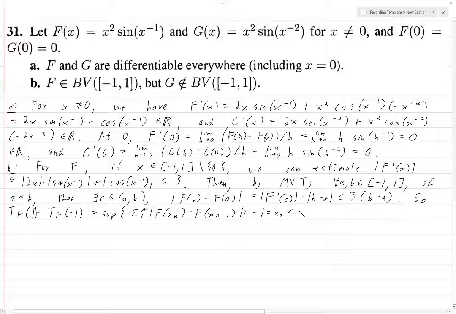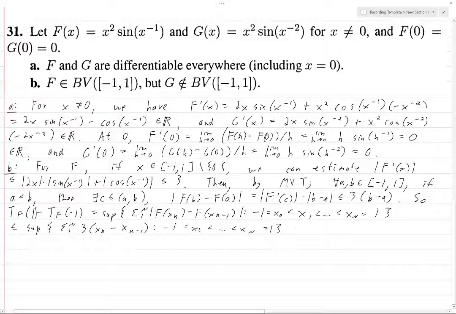And then that's less than or equal to the supremum overall. Well, these things on the inside are all less than or equal to 3 times (x_k minus x_{k-1}), where -1 equals x_0 is less than all the way through x_N. And this is less than or equal to 3 times the sum of these differences.